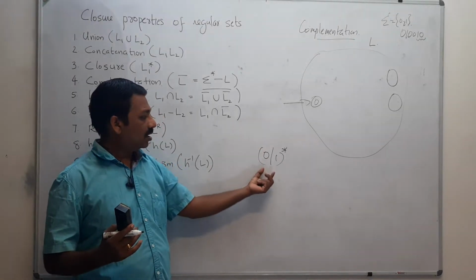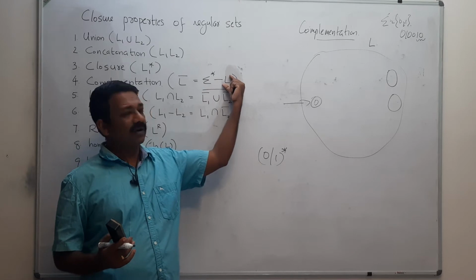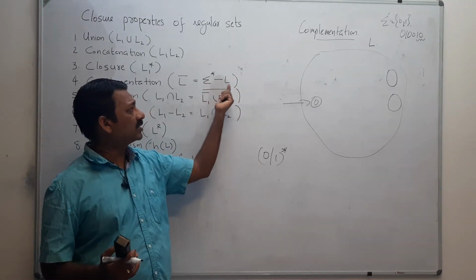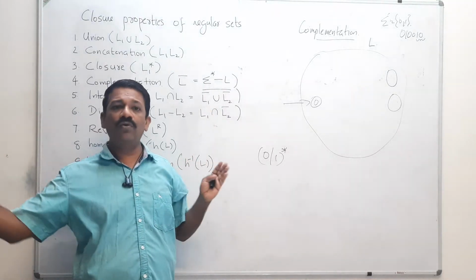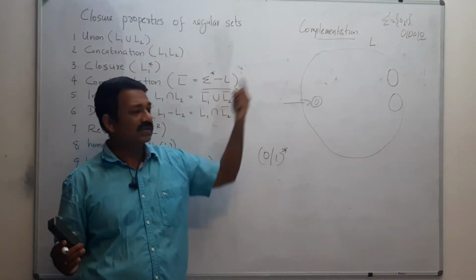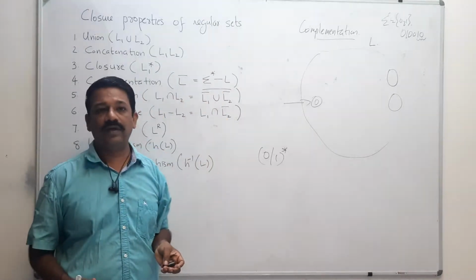The language accepted is L, and if you remove all strings ending with 10 in this example from sigma star, you will get the complement of that.